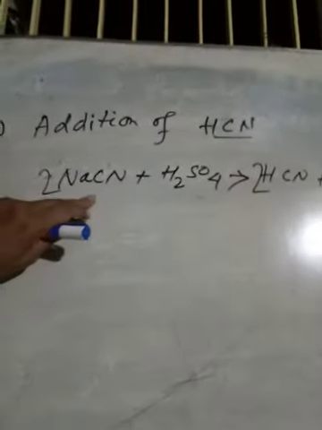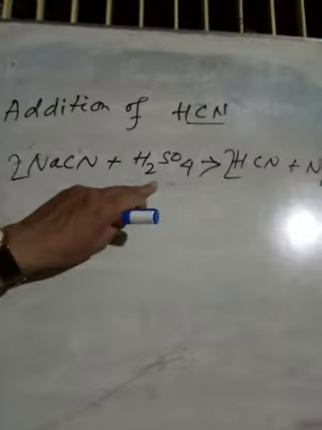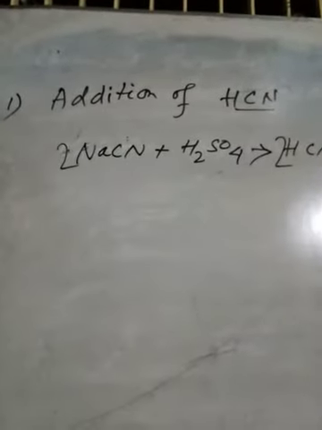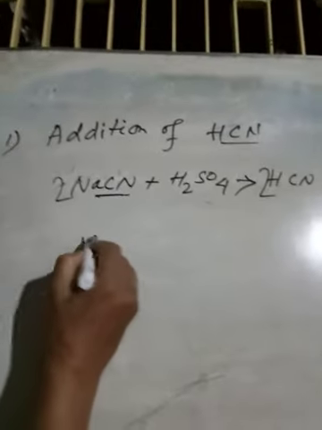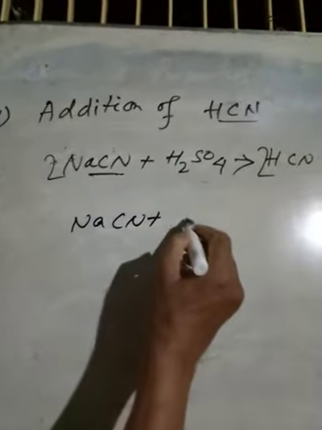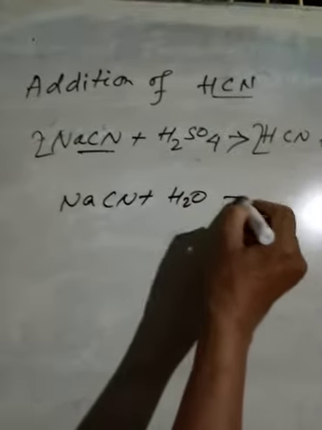To the sodium cyanide solution, dilute H2SO4 is added. Here you see NaCN in aqueous solution produces some alkali also, NaOH plus HCN.